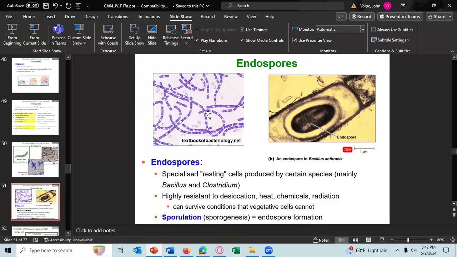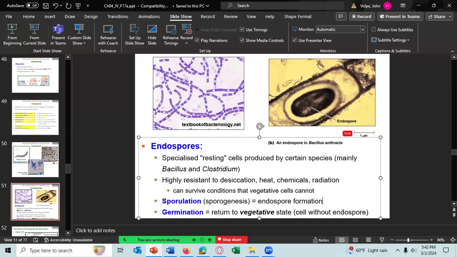Once the endospore begins forming, that's called sporulation or sporogenesis. Once the environment becomes more favorable to the cells to grow and go through their normal metabolism, the cell will go through germination.